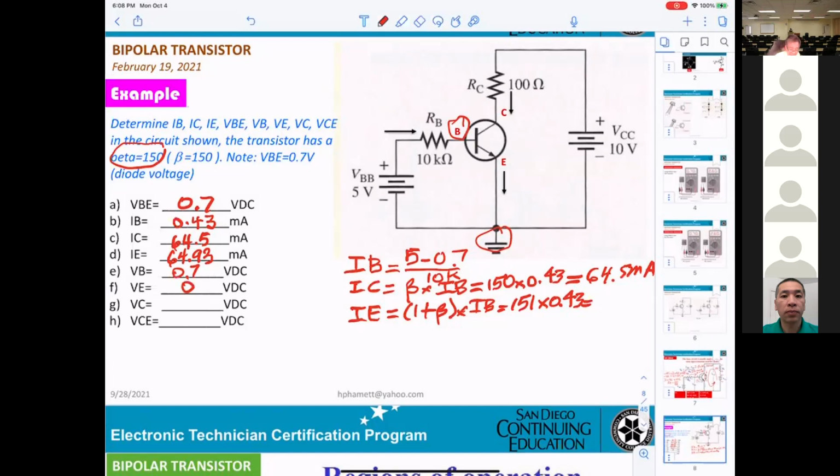That means right here, the formula: VC equals VCC minus IC times RC. You need to know this one, IC times RC. We call it VRC.